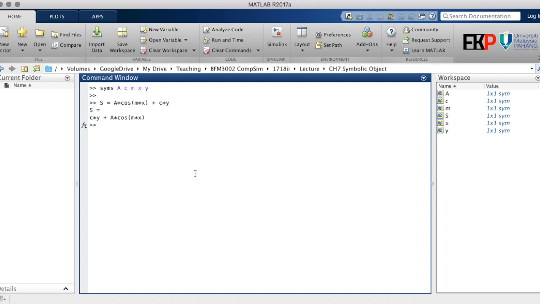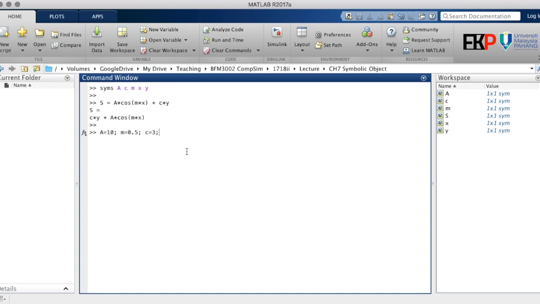This is our expression. And before we use the subs command, we define the value of each of the symbolic objects first. Let's say we want a to be equal to 10, and we say m is equal to 0.5, and then c is equal to 3.